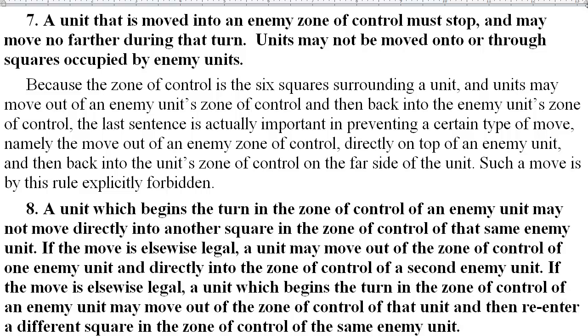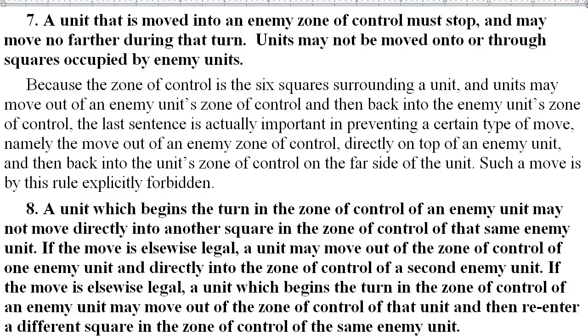Observe that the zone of control includes the square on which the enemy unit is sitting, so if I take a unit and have moved it into an enemy unit zone of control, and on the next turn the enemy unit is still there, I can't move straight on top of the enemy unit or on top and then off the same far side. I can't move directly from one square in the zone of control of an enemy unit to another square in the zone of control of the same enemy unit.